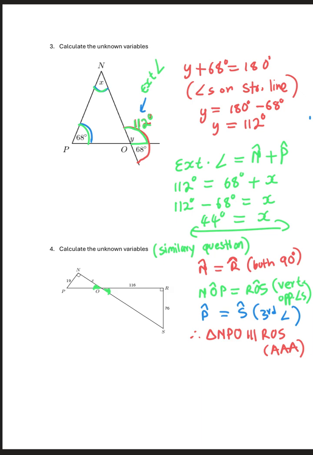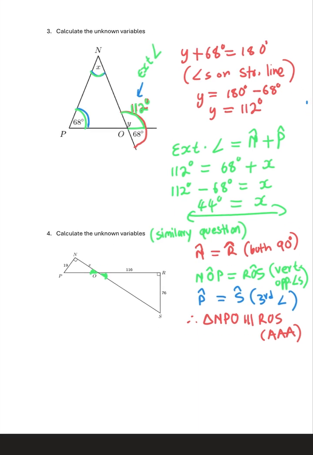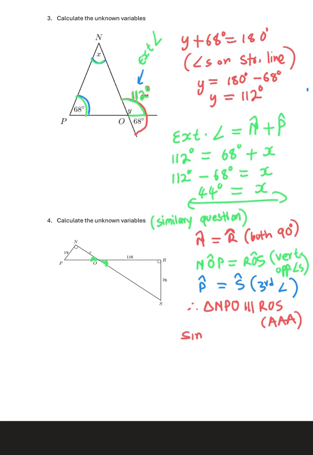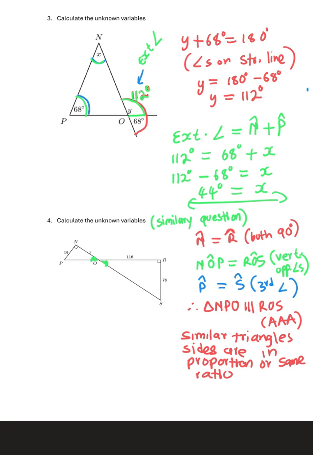So similar triangles have sides that are in proportion, or same ratio. So what does this mean? It means we're gonna divide the corresponding sides, right?